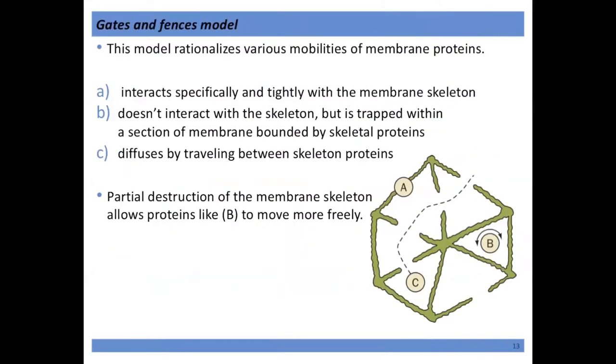And within the cytoskeleton, we can start to come up with a model of how things can move or have restricted mobility. So this takes us back to why some proteins are freely able to move and some are not. This green is just a schematic representation of all those interconnected proteins.